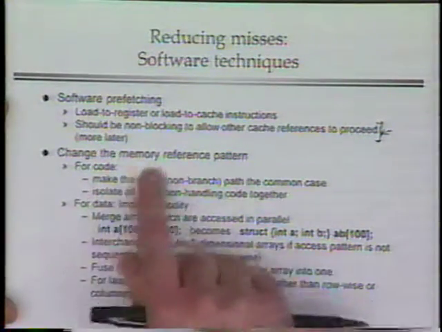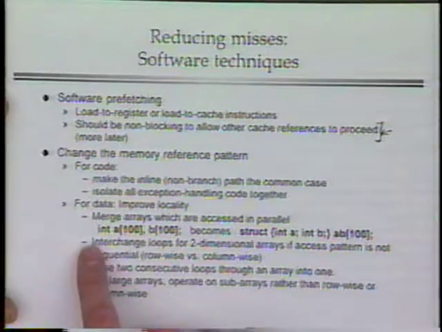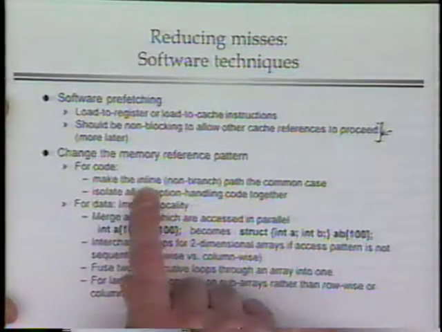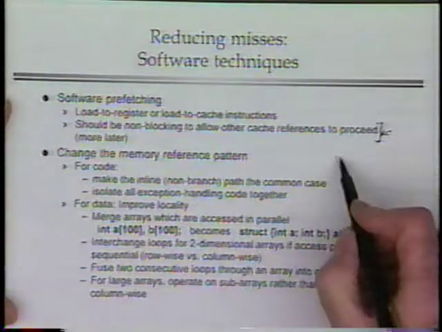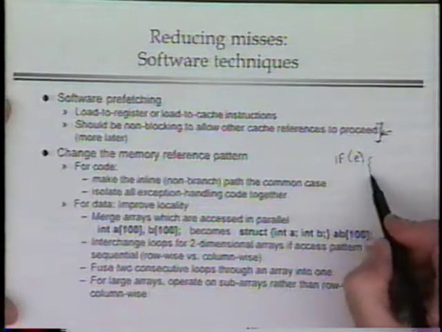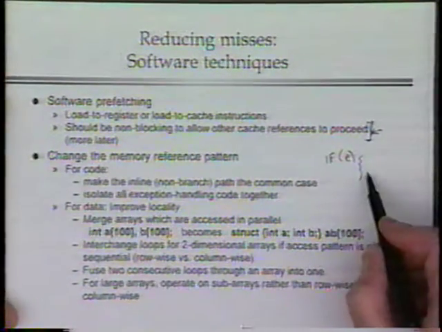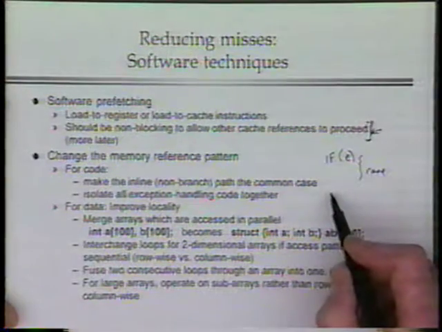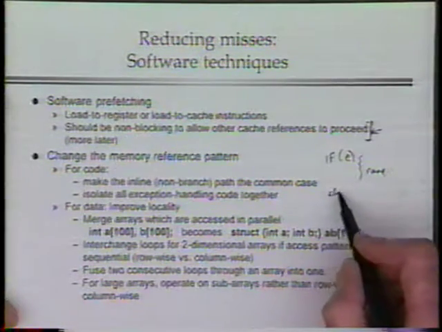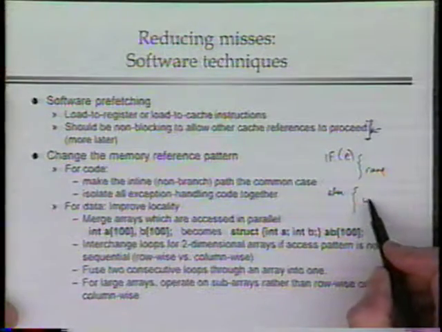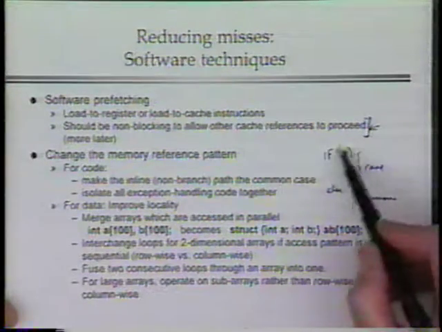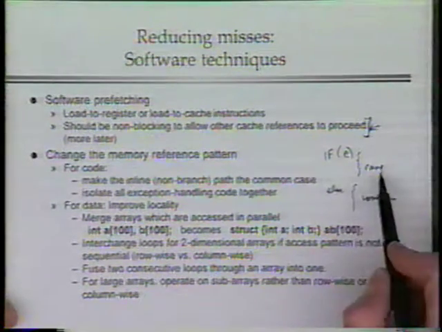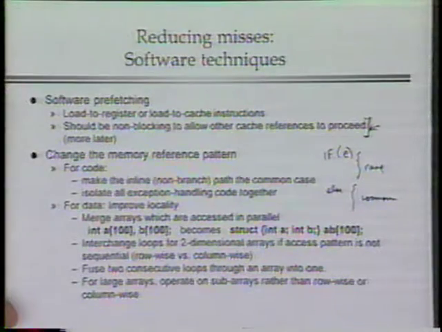There are lots of other ways you can change the basic memory reference pattern of the code. One is that you can make sure that the inline case of the code is the common case. If you're doing an if expression and then executing some block which is exception code that rarely gets executed, and then let's say the else clause is something that's very commonly executed, you'd like to arrange the branches so that the if part going to the rare code is off on the side somewhere, away from the area which is probably currently in the cache.